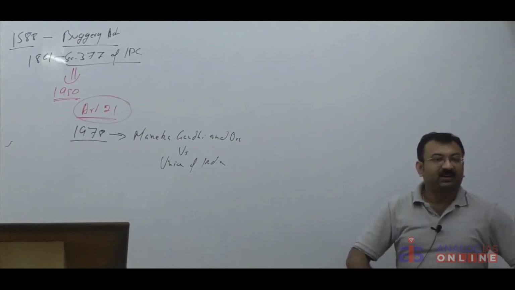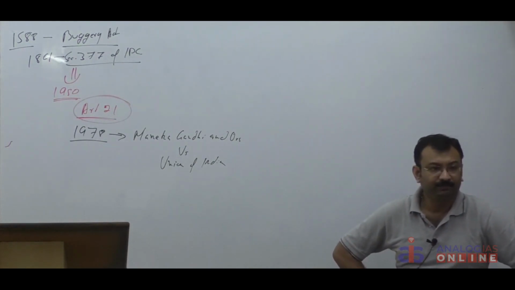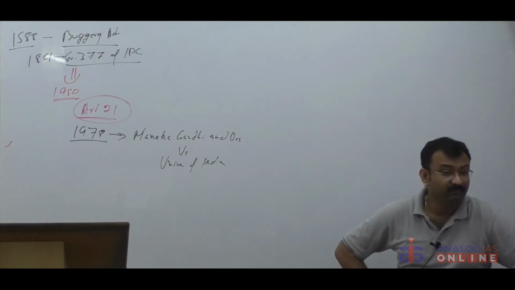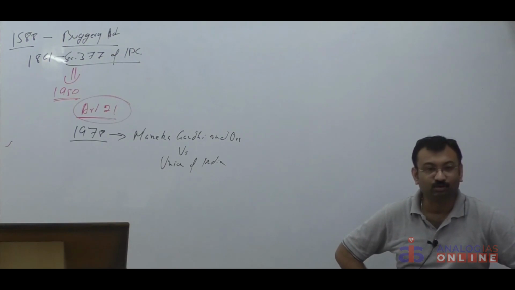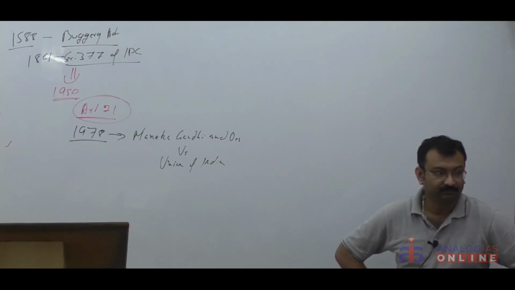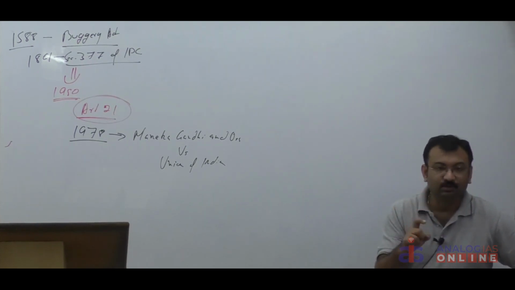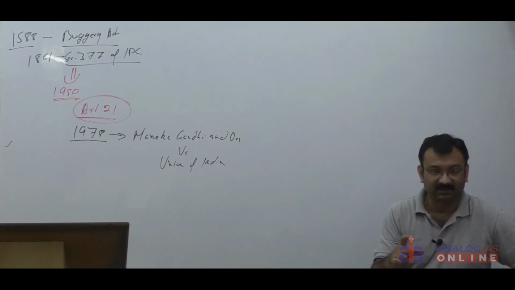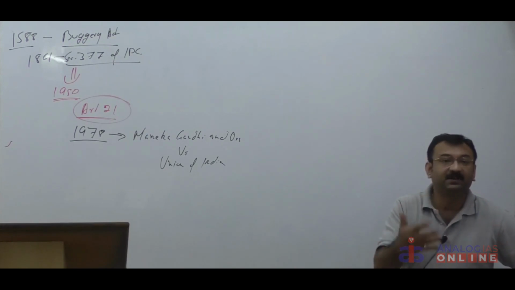Who's the protector of Constitution in India? It is the President who takes oath to protect and defend the Constitution, not the judiciary. The protector of the Constitution is the President of India. But he is not the final interpreter of the Constitution.